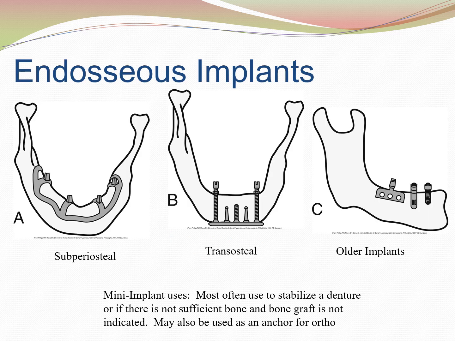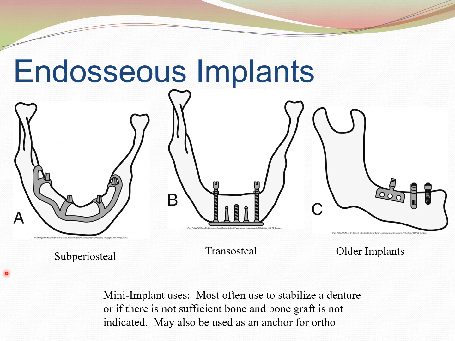And this is just a review of the different types of endosseous implants that are out there. Some of these, I just kind of mentioned these. We have the subperiosteal, the transosteal, and some of the older type of implants like you see right here. That's called a blade implant.